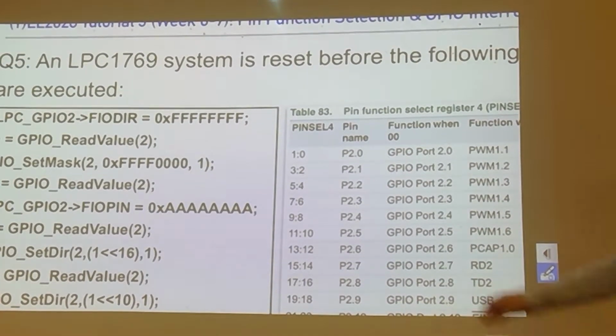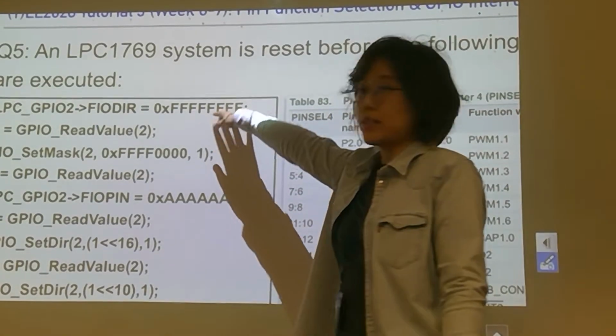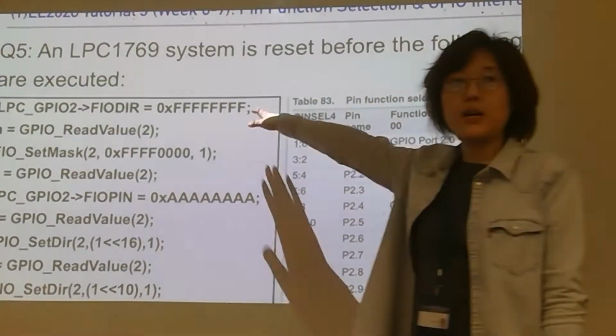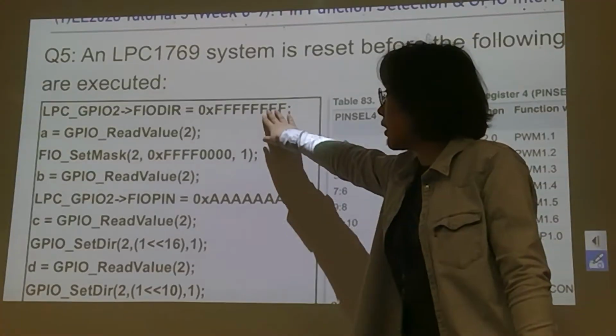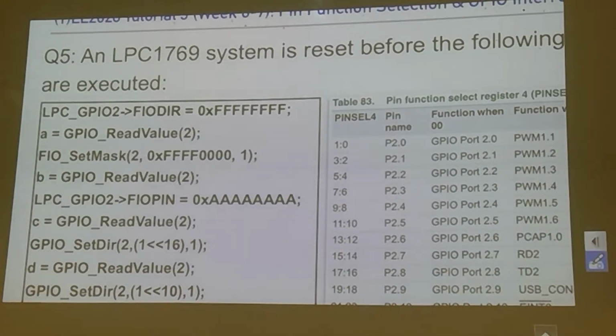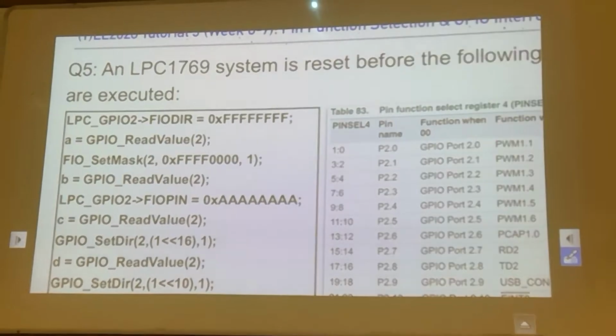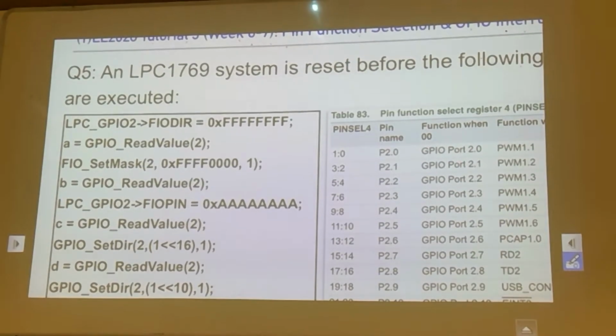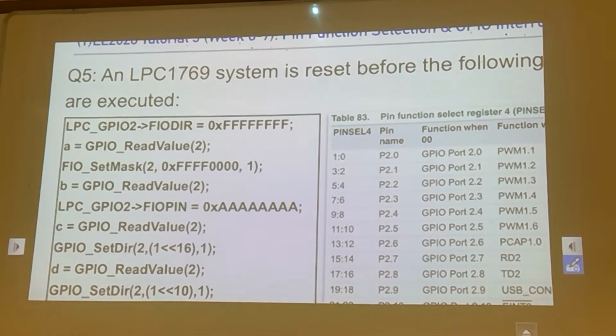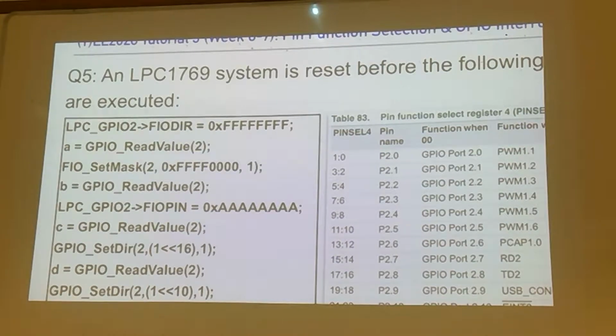The first one is quite similar to the previous one, right? So what are we doing here? The register we are giving a value to is FIO DIR.